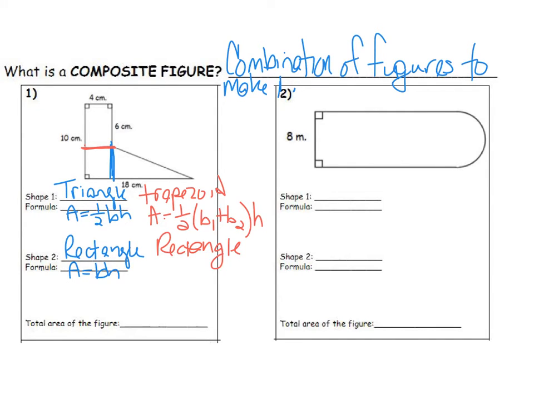So what you would need to do is find the area of the rectangle, find the area of the triangle or trapezoid, and then add up the area. So you would actually add the 2 areas.